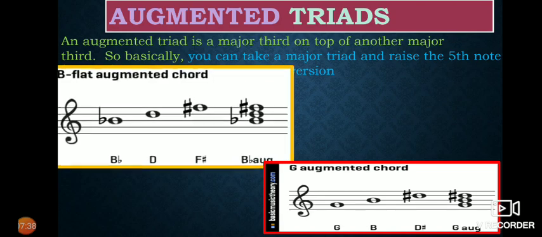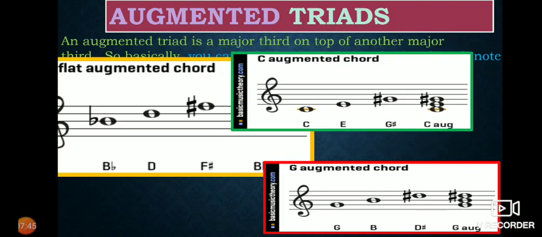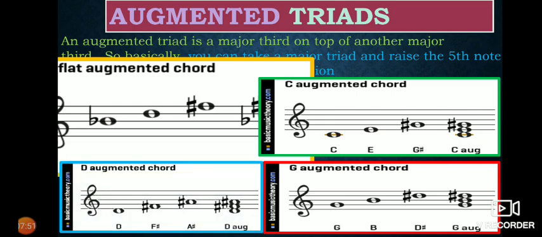If you look at the staff that is on the screen, you will discover that the second note is sharpened, while the last note is also sharpened. So it raises it.